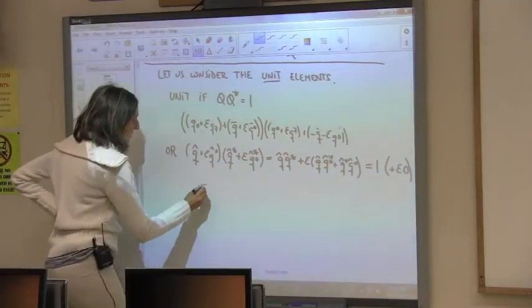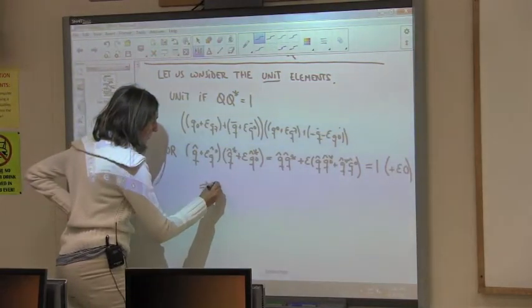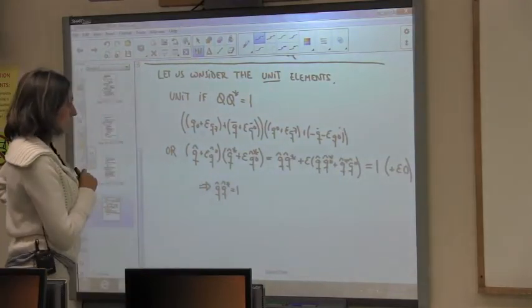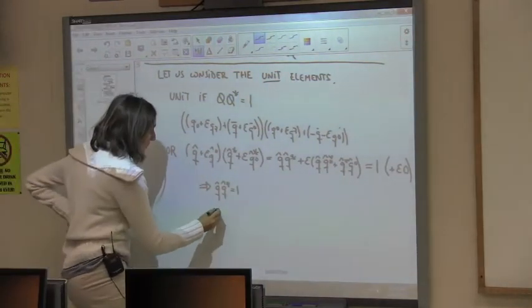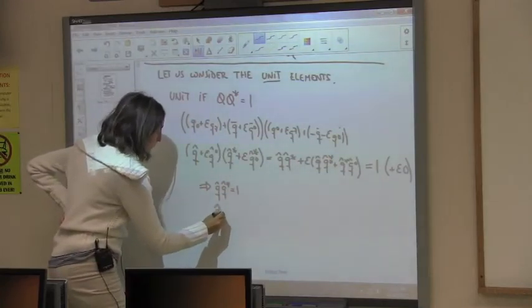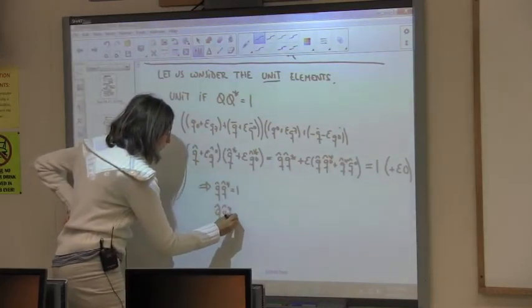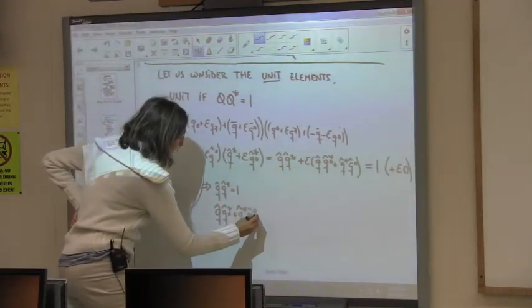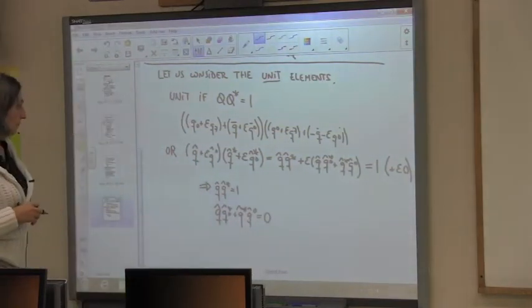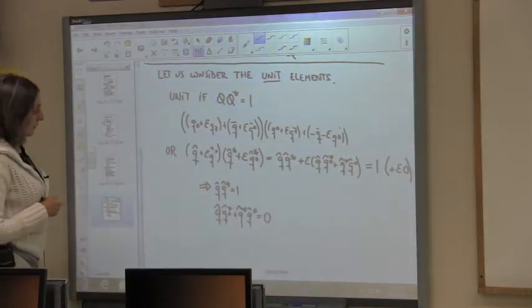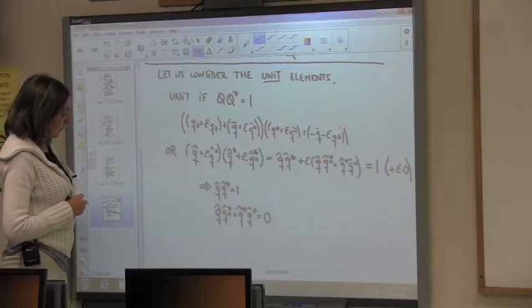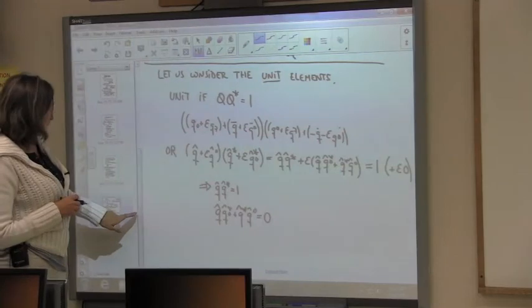Which means what this implies is that q q conjugate has to be equal to 1. And then that other part has to be equal to 0: q0 conjugate plus q conjugate q0 equals 0. So let me go a little bit up.